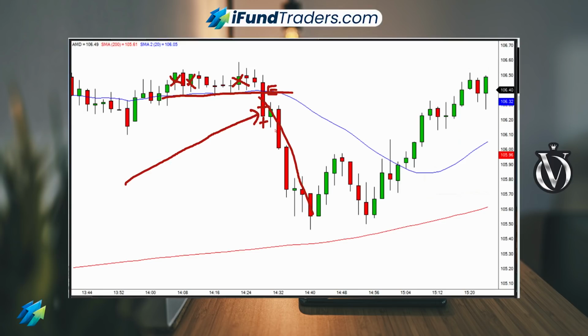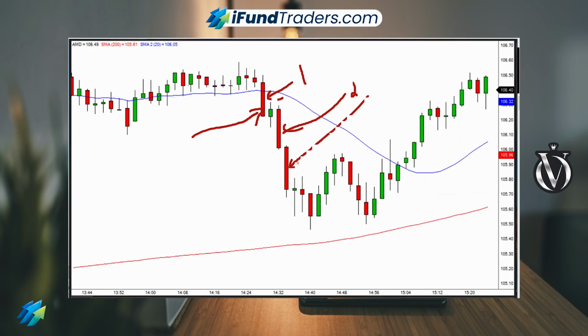We are catching the first elephant foot out. 1, 2, 3, 4. Completely out. Stock bottoms. Right?